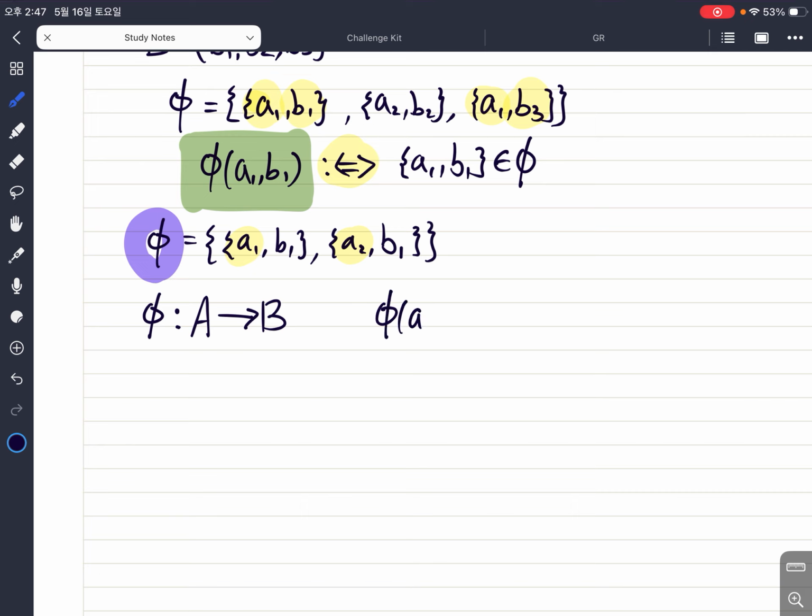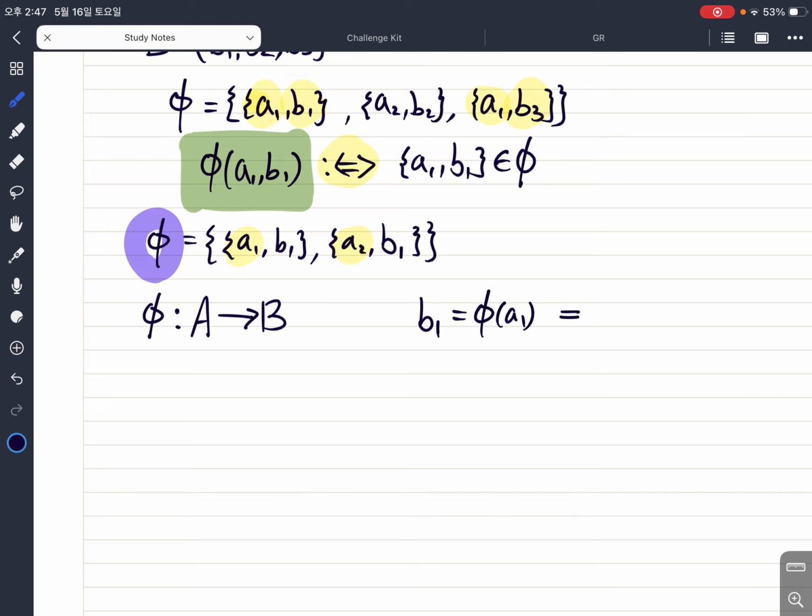phi(A1, B1) is a good notation, but you can see the right thing is more important than the left. So you can also write B1 equals phi(A1).